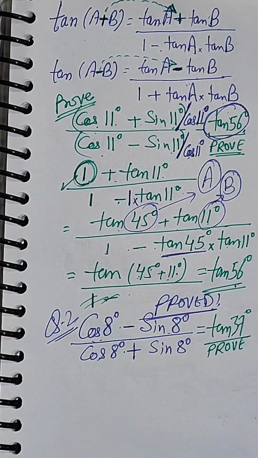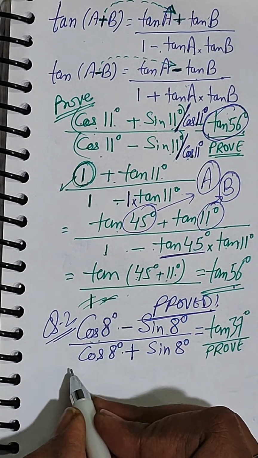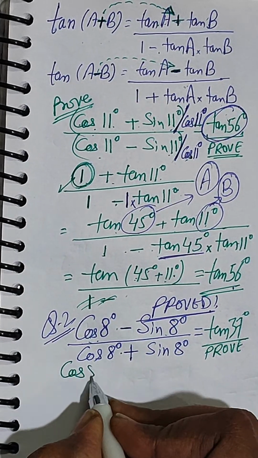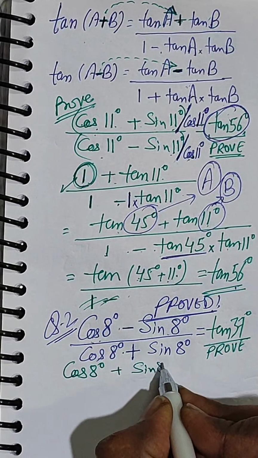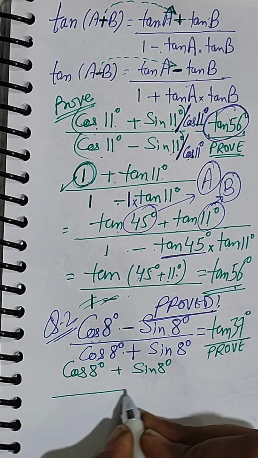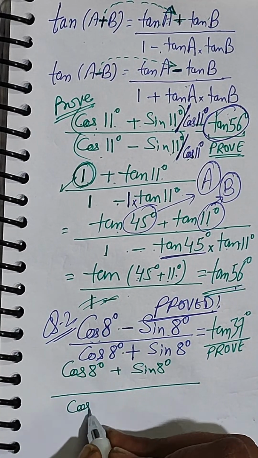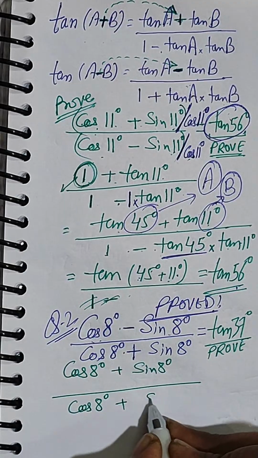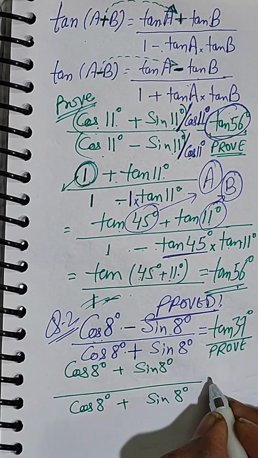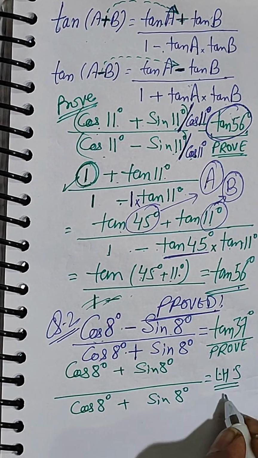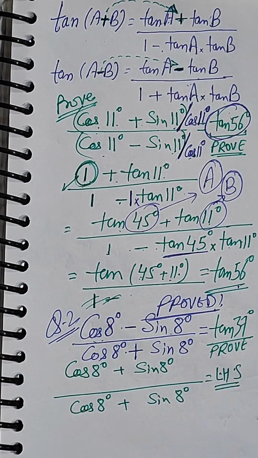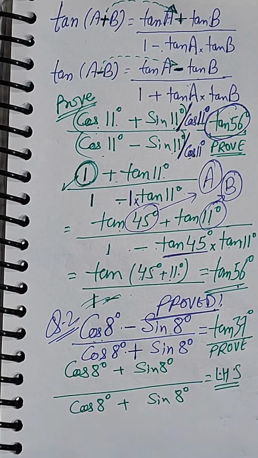So do one thing, if we have cos 8 degree minus sine 8 degree divided by cos 8 degree plus sine 8 degree. I am just talking about the LHS only, the left hand side of the identity which needs to be proved.